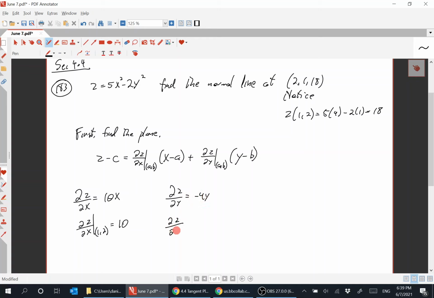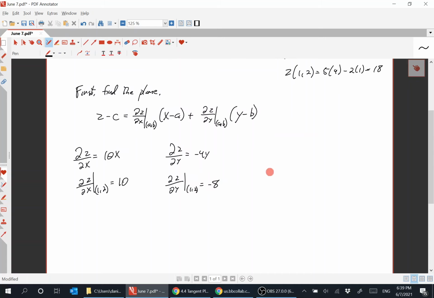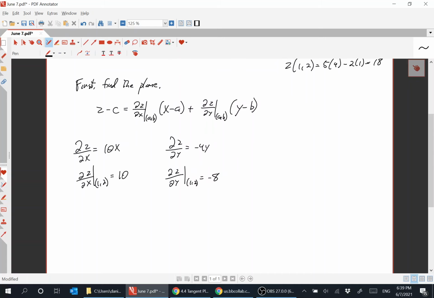And so partial z with respect to y at the point is minus 8. So the tangent plane is therefore z minus 18 is equal to 10 times x minus 1, plus minus 8 times y minus 2.